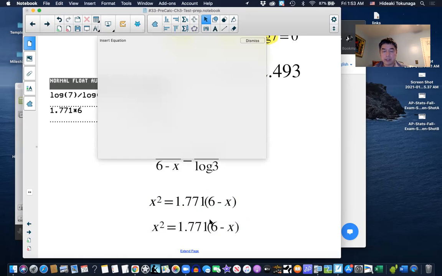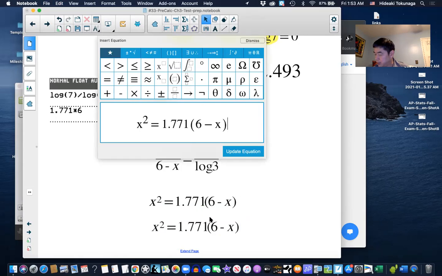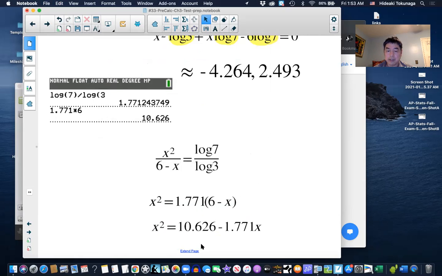So this one is 10 point, what did I say, negative, wait, why is it negative? Oh, 10.626 first. 10.626 and minus 1.771x. So this is going to be an equation.